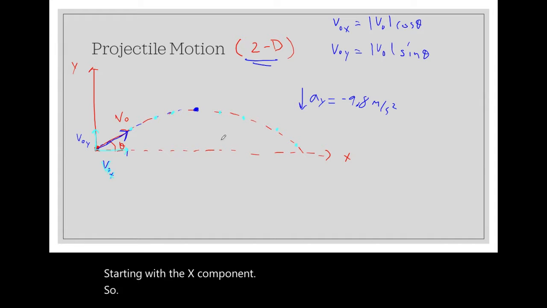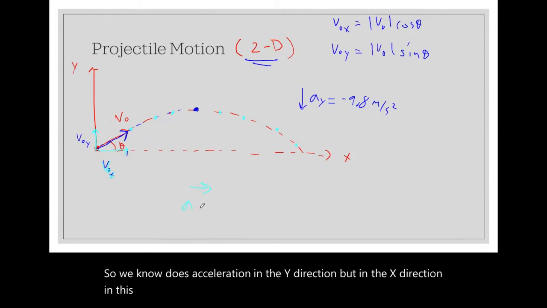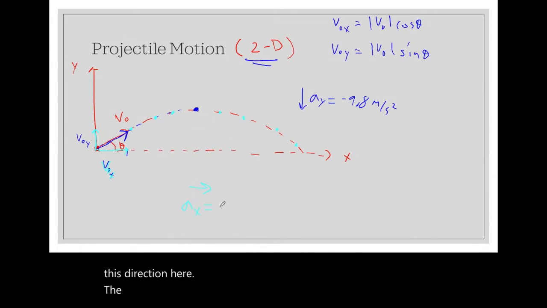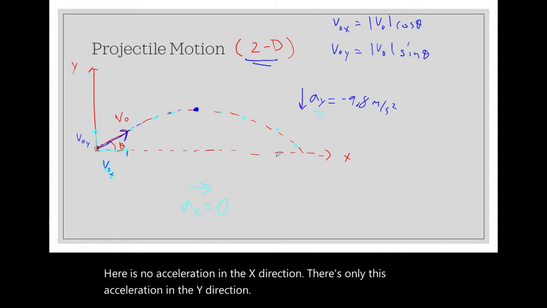So we know there's acceleration in the y direction, but in the x direction the acceleration is actually 0. There is no acceleration in the x direction, only this acceleration in the y direction.